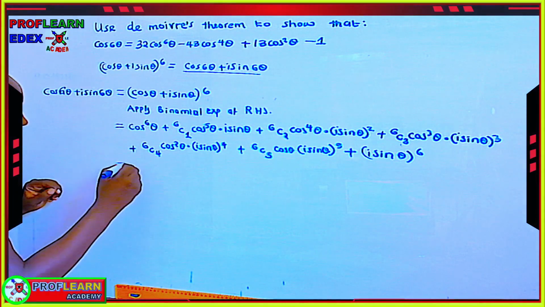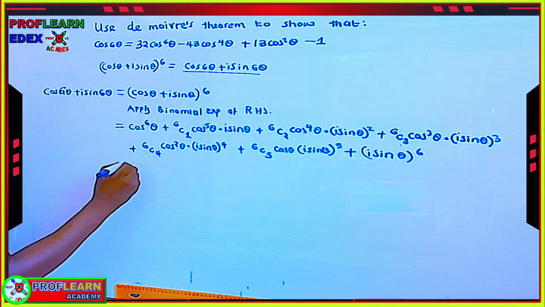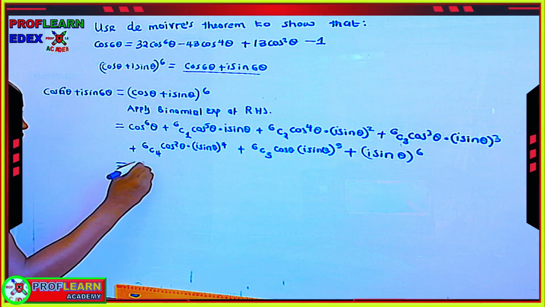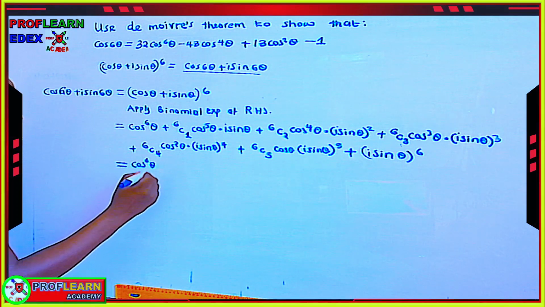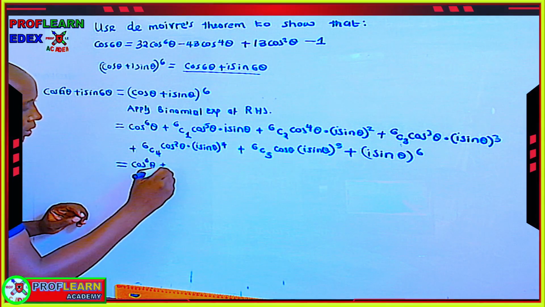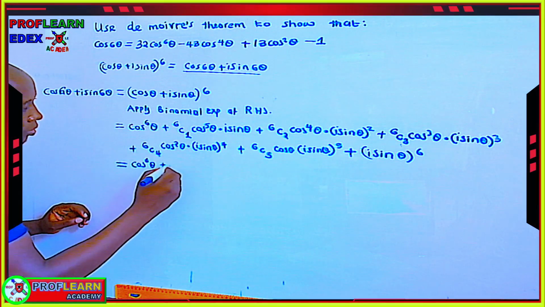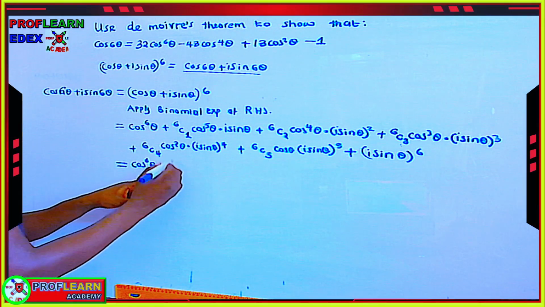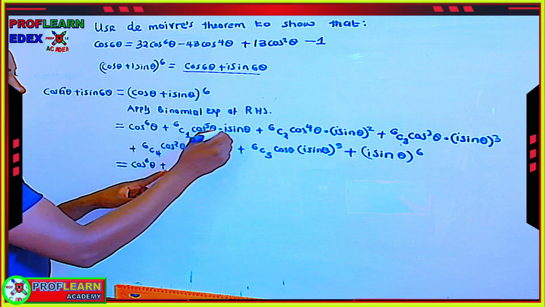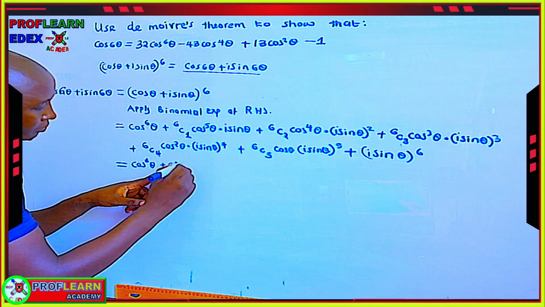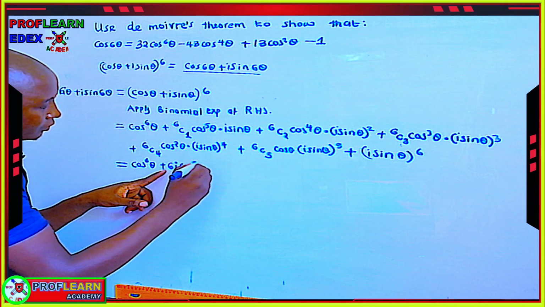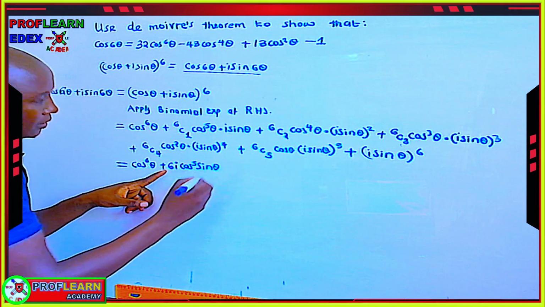So this becomes, of course, cos^6 θ. This one becomes plus 6 combination 1, which is basically 6 times i, so 6i cos^5 θ sin θ.